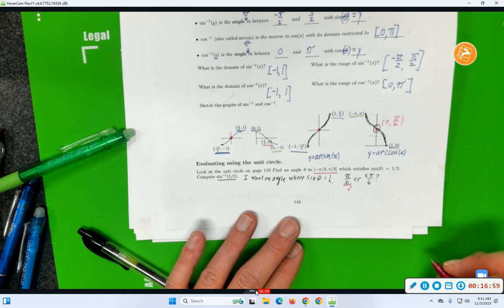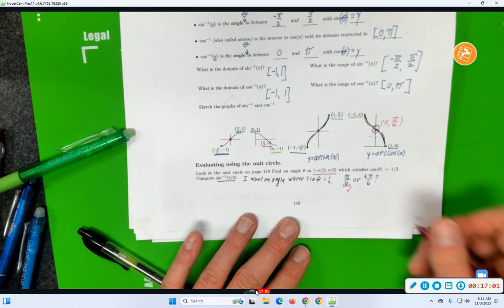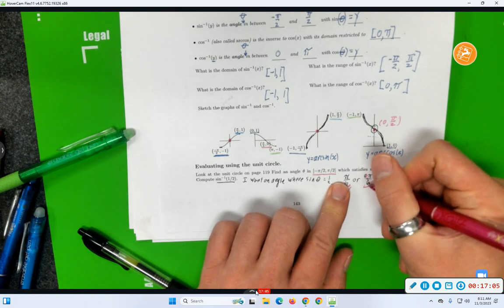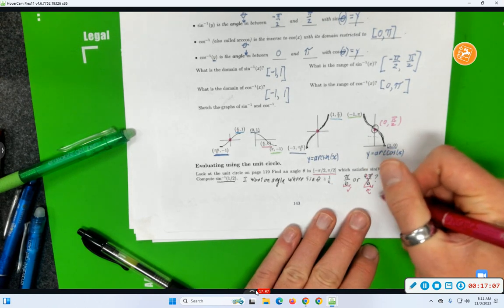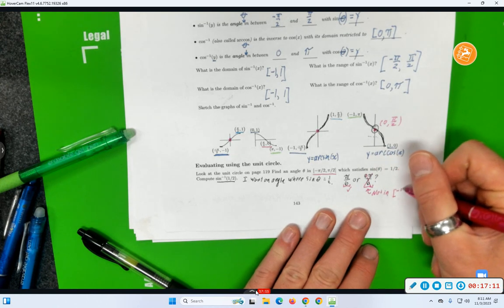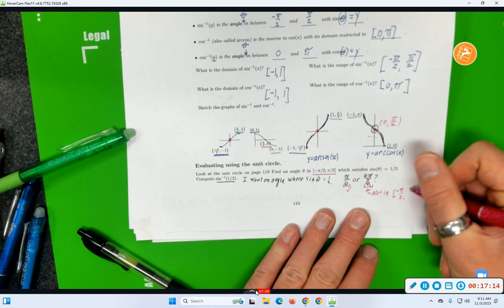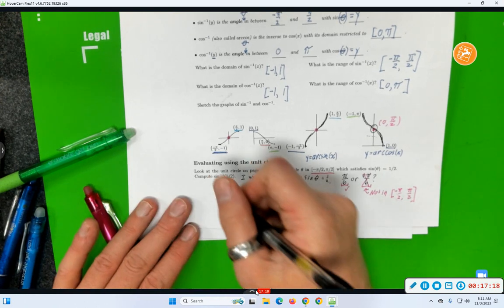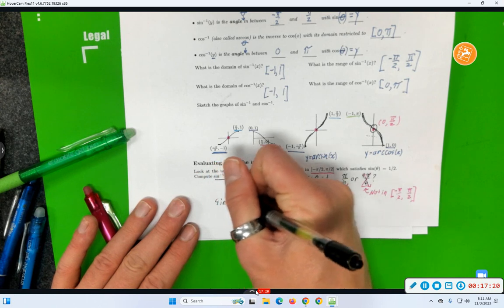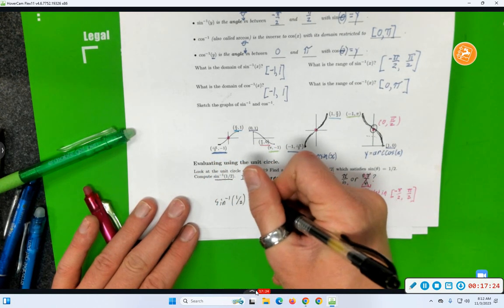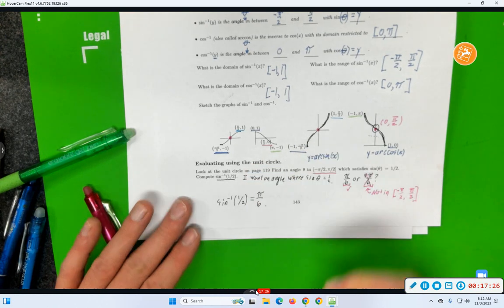You divide something by 6, you make it smaller than if you divide it by 2. 5 pi over 6 is almost as big as pi. This is not in negative pi over 2 to pi over 2. All right, so inverse sine of 1/2 is equal to pi divided by 6. Cool.